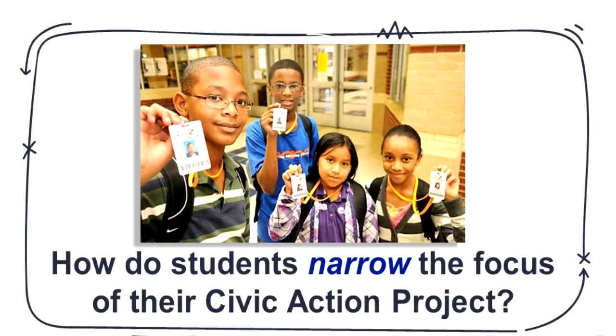So another question we often get from teachers too is, how do you help students narrow down their issues? The first question that we have our students ask when they're selecting their project is, what's reasonable? What's something that you can actually accomplish within the context of this greater theme, right? And so when you ask that question of students, they begin to narrow it down further.